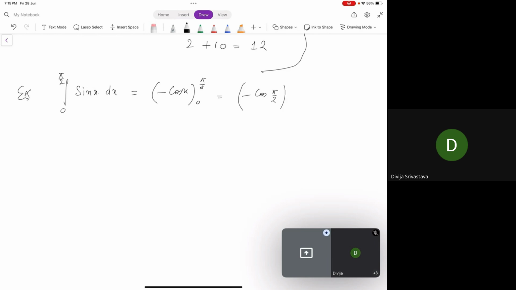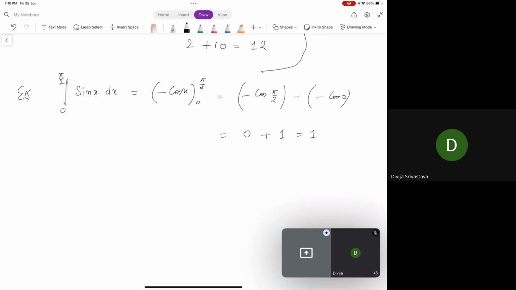Then we put 0, so minus, then minus cos 0. Cos pi by 2 is 0. So 0 minus minus plus cos 0, which is 1, equals 1. After doing the integration of this function, we are getting the answer 1.